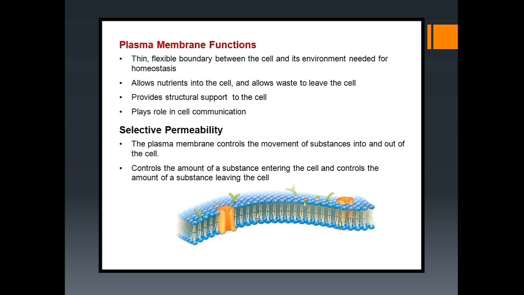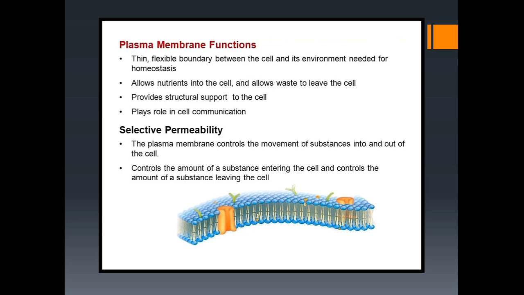The cell has its own structure, and that structure is maintained by the plasma membrane. That's why it works like a boundary. We have an Indian boundary, right? It separates India from Pakistan and China, right? Like that, the plasma membrane separates the outer external environment from the internal environment, and the cell maintains its structure with the help of the plasma membrane.